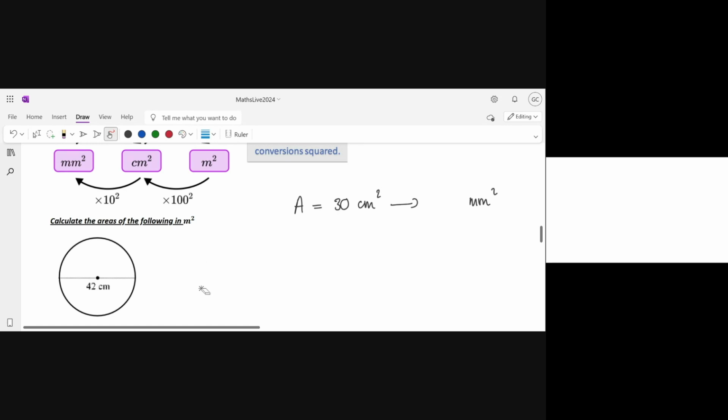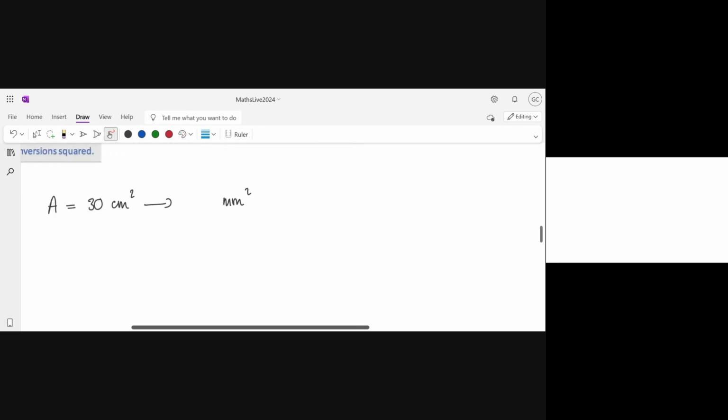Okay, how do we go from centimeters to millimeters? Well, remember we're going smaller, Nelson, so we need to increase. Okay, so Kanye says 300. How did you get to 300, Kanye? Explain to us. What did you do?